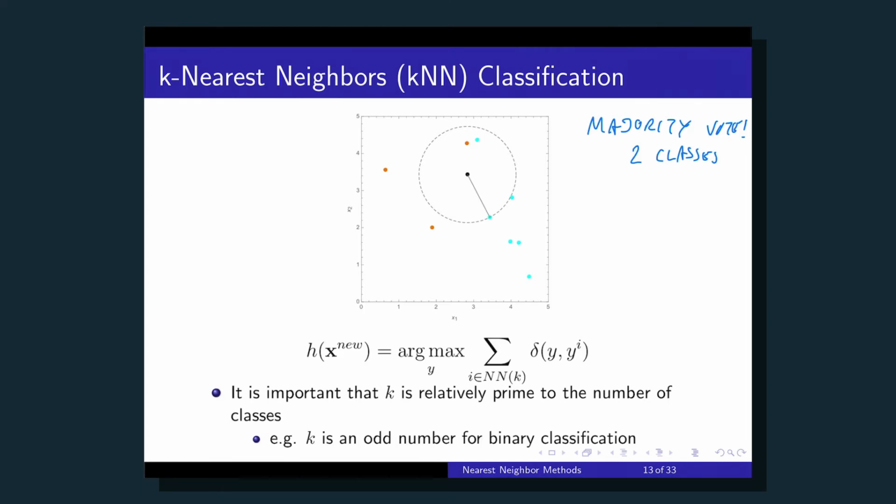Let's say there's also a class of, say, red points around.